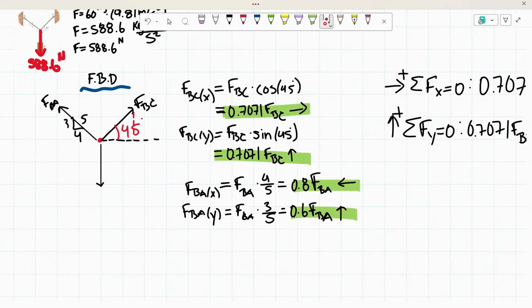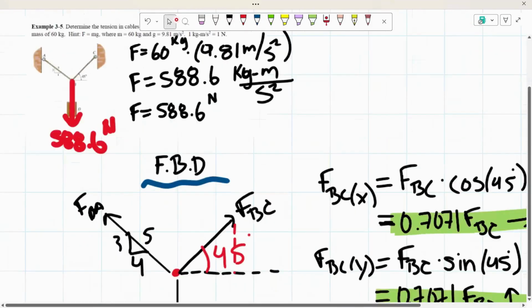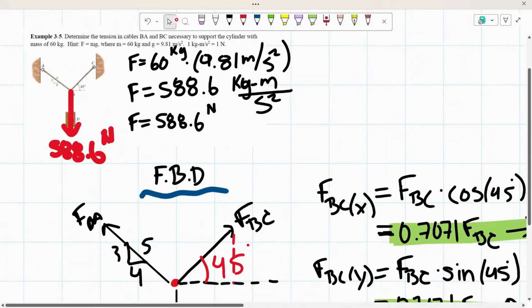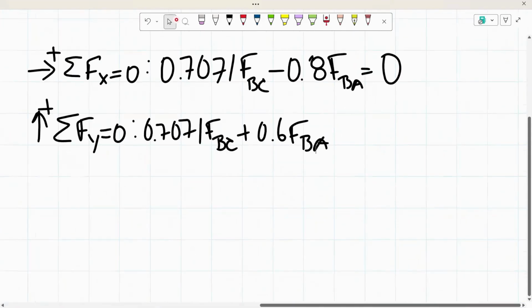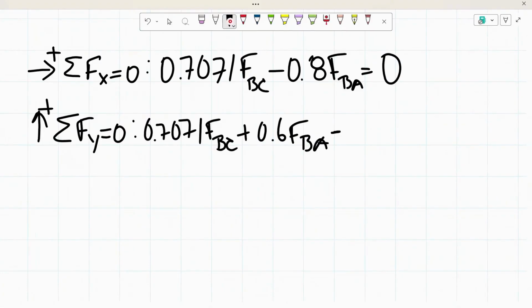Very important. So we have a force acting downwards of 588.6. So that means that to the vertical components, we're going to have a negative, since we said that that force is acting downwards, of a negative of 588.6 newtons.